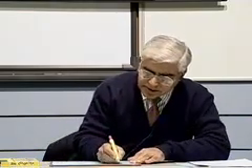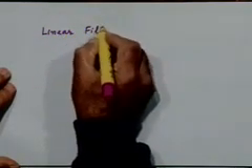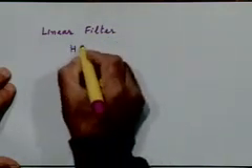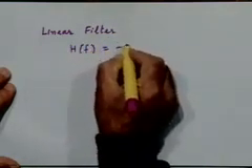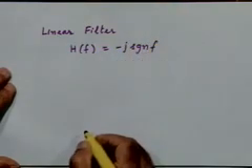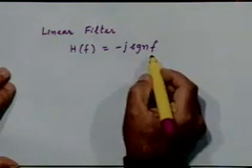Okay. To start with, let us consider what Hilbert transform is all about. Let me consider a linear filter or a linear time invariant system whose transfer function is something like this. Are you familiar with this function, signum of f?